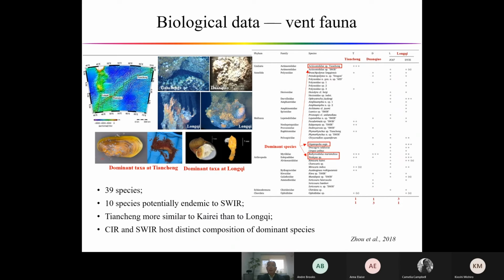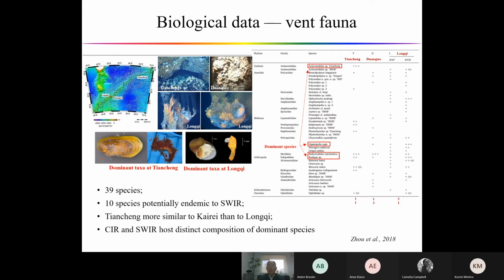We investigated vent fauna in three hydrothermal vents, Tiancheng, Duanqiao, and Longqi. A total of 39 species was found, with 10 species potentially endemic to the southwest Indian region. The fauna in Tiancheng was different from that in Longqi, but similar to Kairei in the Central Indian Ocean.